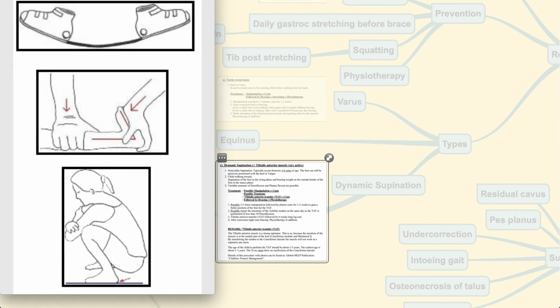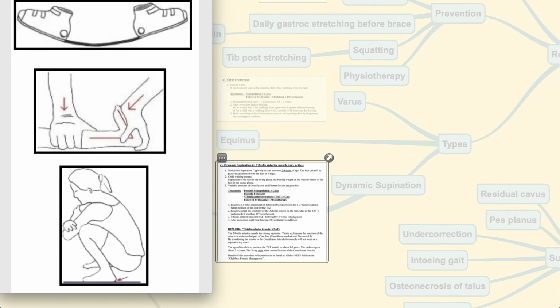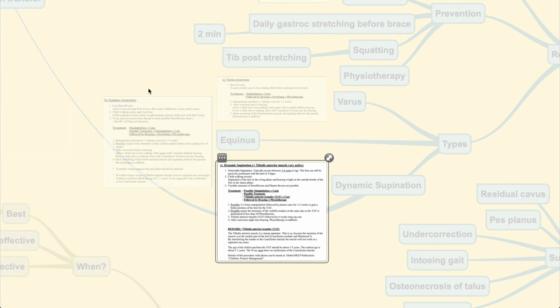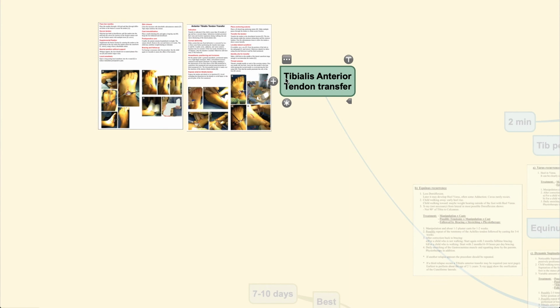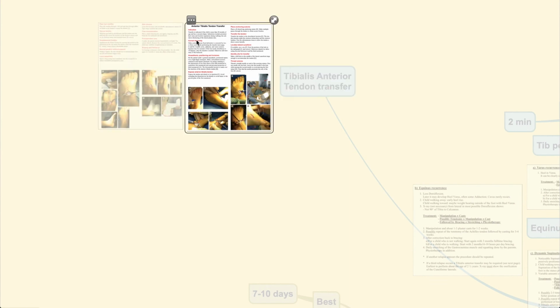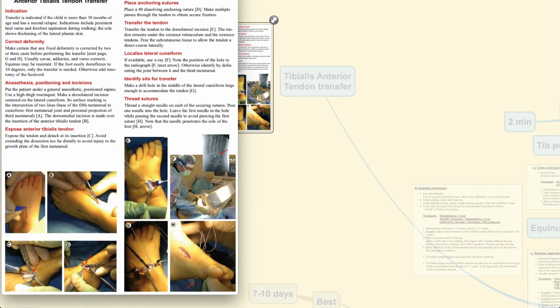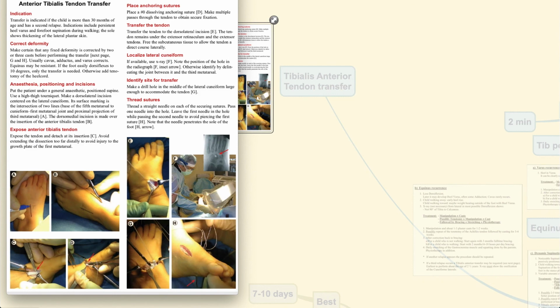Now, I will not cover the technique of the surgery for the tibialis anterior transfer here. You could look for it in your reference books, but generally what you do is you move the insertion of the tendon to the dorsal aspect of the foot, so that instead of supinating the foot, it assists in correcting the deformity.